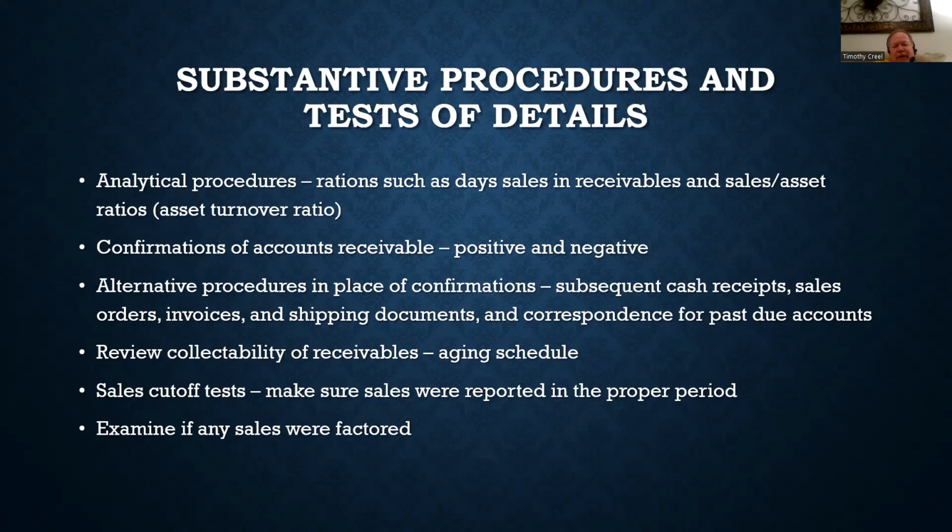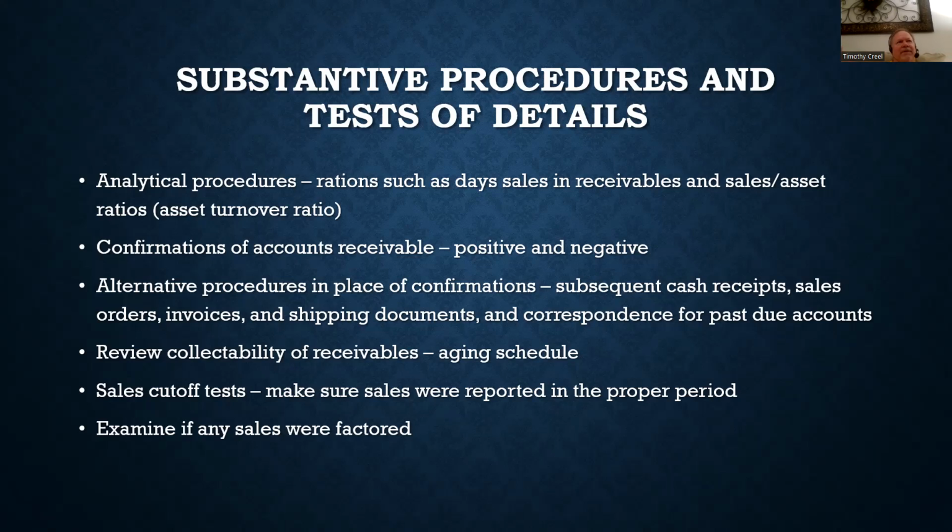Now, alternate procedures in place of confirmations. I will tell you this, so go back to confirmations real quick. Positive confirmations are deemed to be a stronger form of evidence than negative confirmations, and the reason is that in a negative confirmation, you're not getting anything back to verify.